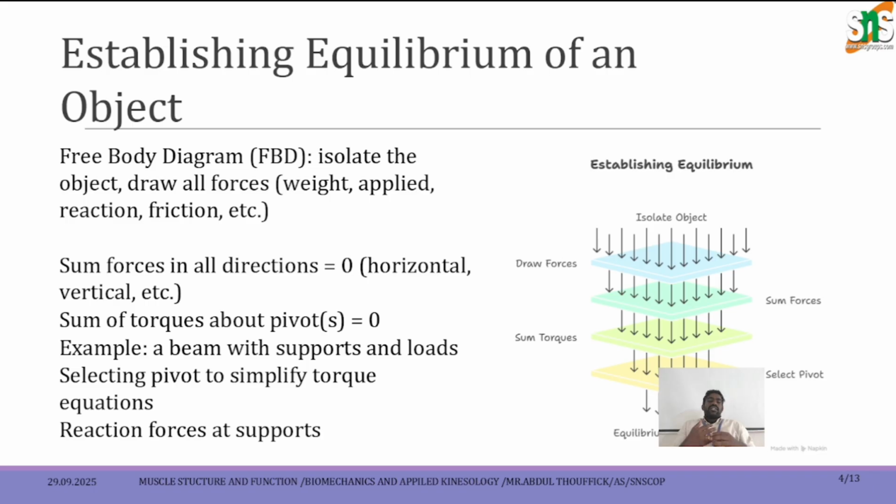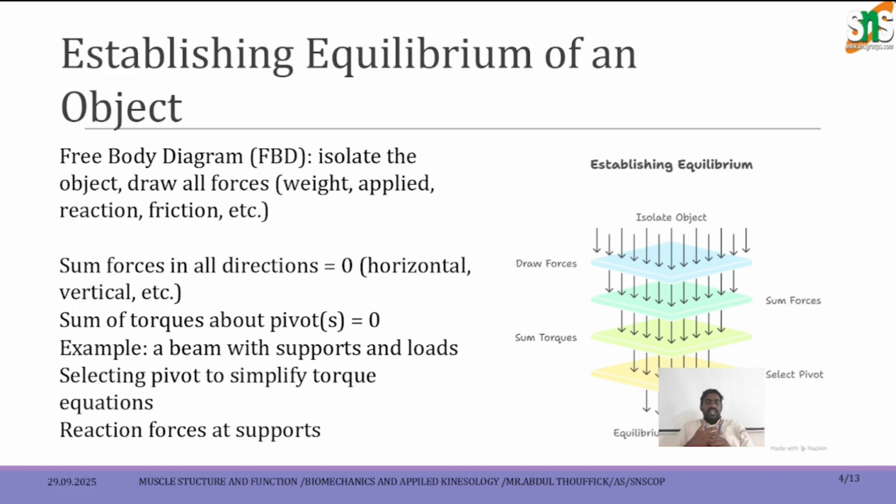So for an equilibrium object, a free body is isolated, the object is drawn with all forces, weight is applied, and the reaction and friction are shown. So in an isolated object, the body is pulled downwards, opposing the anti-gravity pull, and the gravitational force also acts inversely on the object.